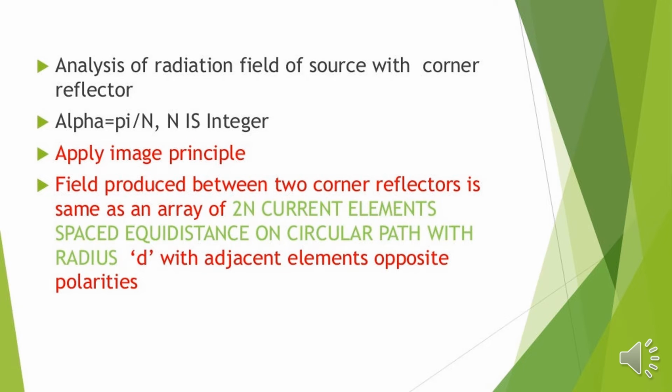Now coming to the analysis of the radiation field of a source with a corner reflector, we can say that alpha is equal to pi by n, where n is an integer. Now we are going to apply the image principle. The field produced between the corner reflector will be the same as that of 2n current elements, equally spaced, that is equidistant, on a circular path with radius r.